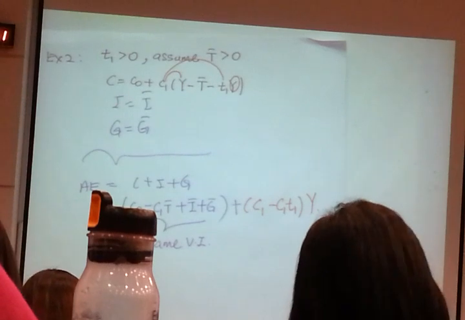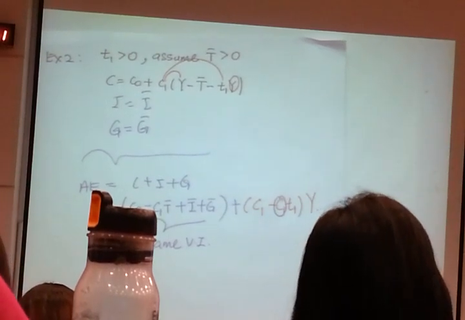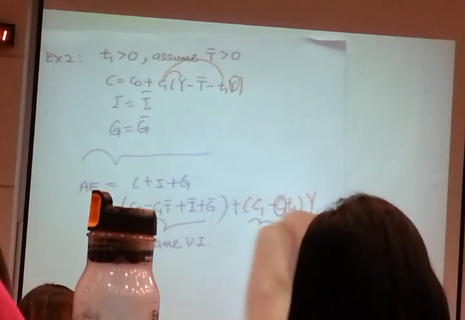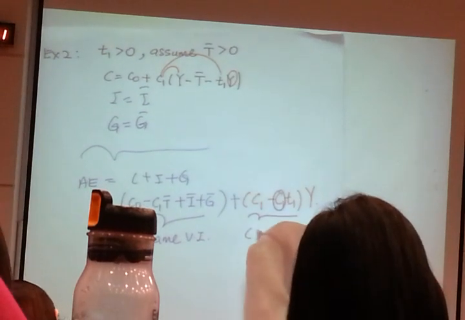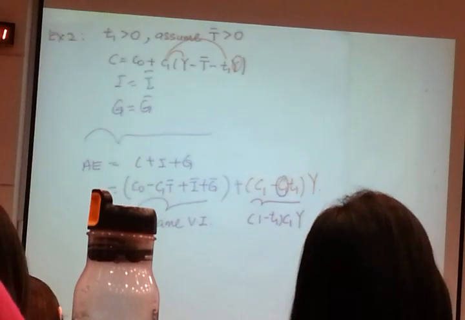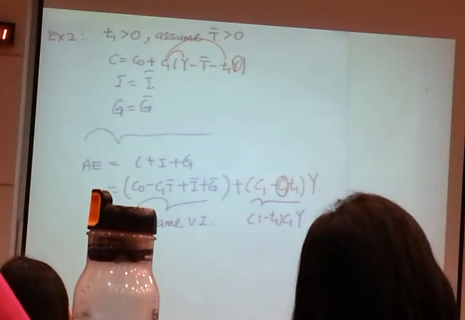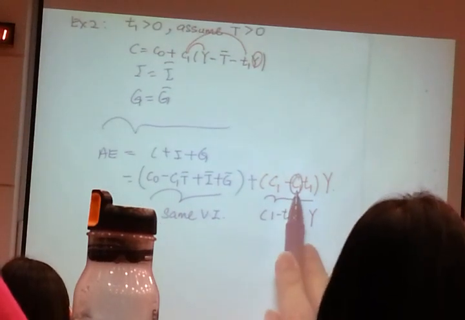The next mistake that students make is they forget the C1 here. Or sometimes, if you don't want to write this, you can write it as 1 minus T1 times C1Y. It's the same. Either one of them, whichever you are comfortable with. But the point is there is a C1.